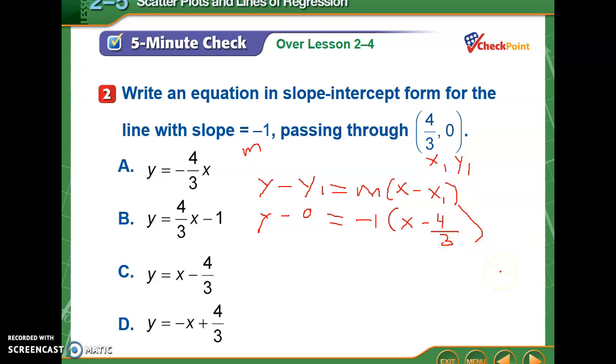Okay, so what's your next step? So we're going to simplify the left side. So bring down y equals, and what are you going to do with -1? Alright, you're going to distribute. So -1 times x, so negative x. Negative times negative, that will turn to positive 4/3. Okay, so negative x plus 4/3. Alright, very good.